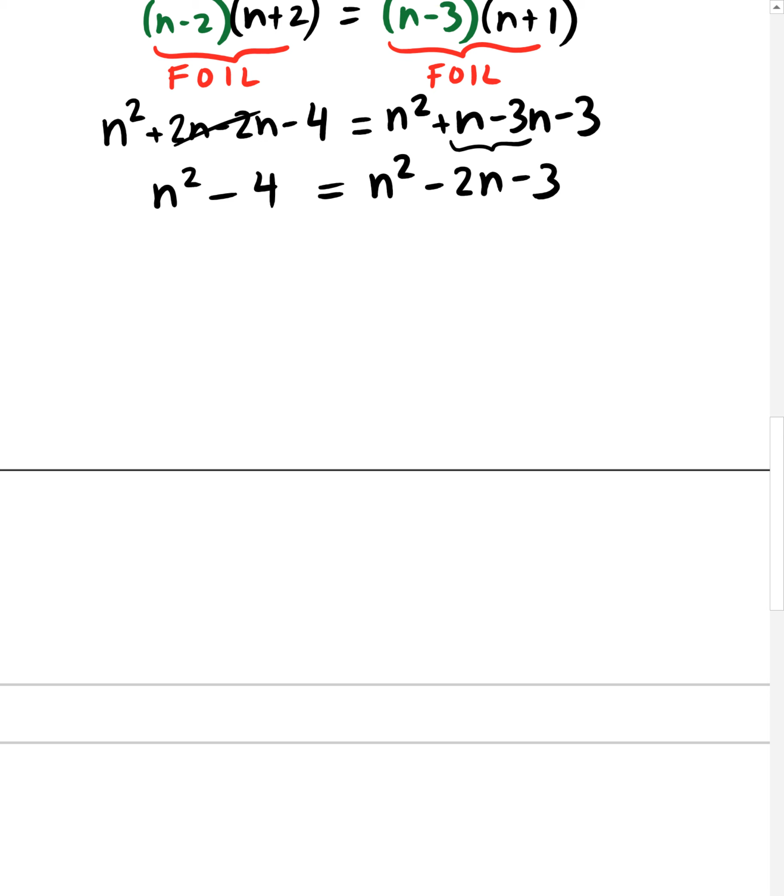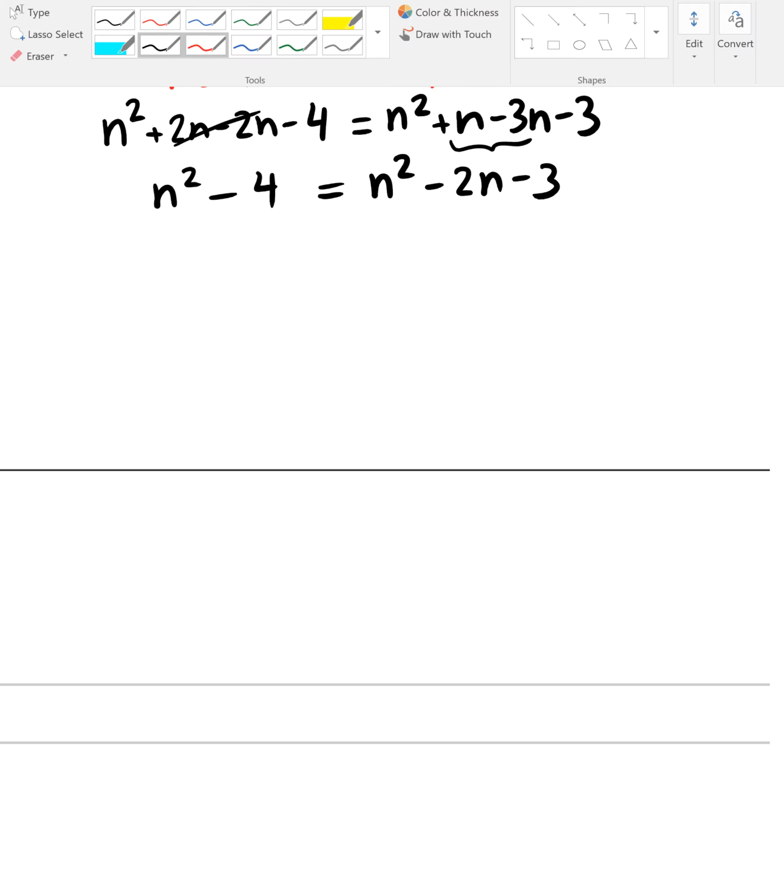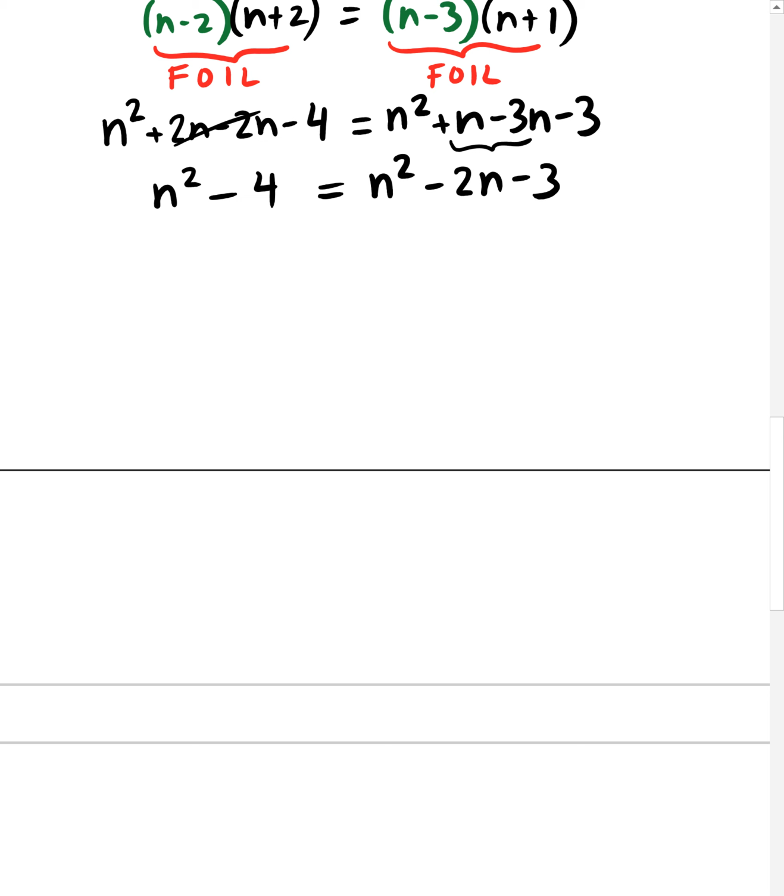Whew! Alright. Now I see that there are n squareds on both sides, and there's an n on the right side. But probably what I'll have to do is get everything on one side and try to factor, I'd imagine. And in this one, we said you're supposed to get everything on the side that'll make the highest powered term positive. But I think if I move either one to the other side so they get together, they're going to cancel, right?